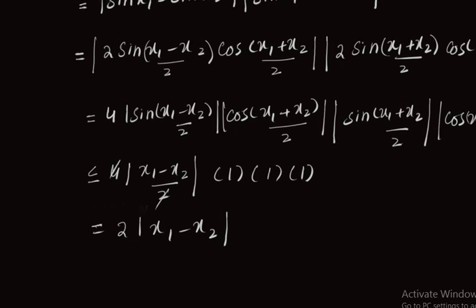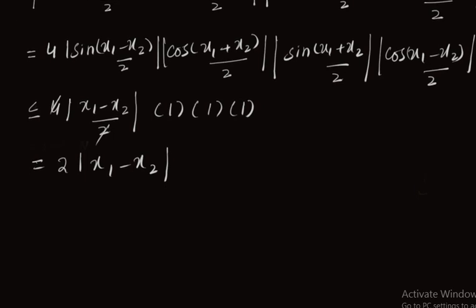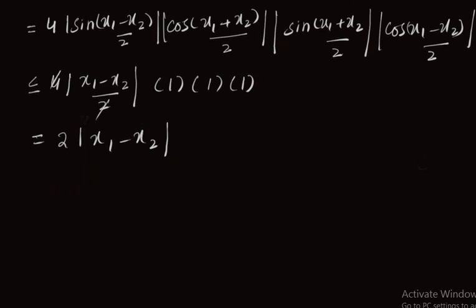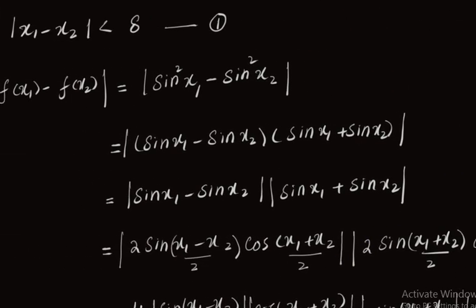Now we need a relation between delta and epsilon. First I use equation 1, in which mod of x1 minus x2 is less than delta.